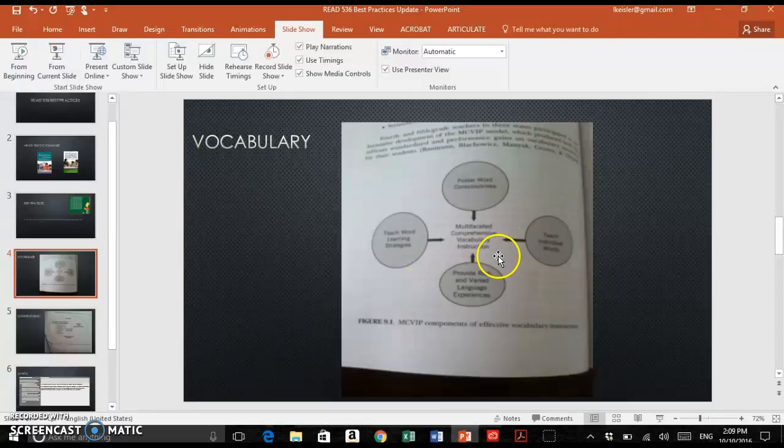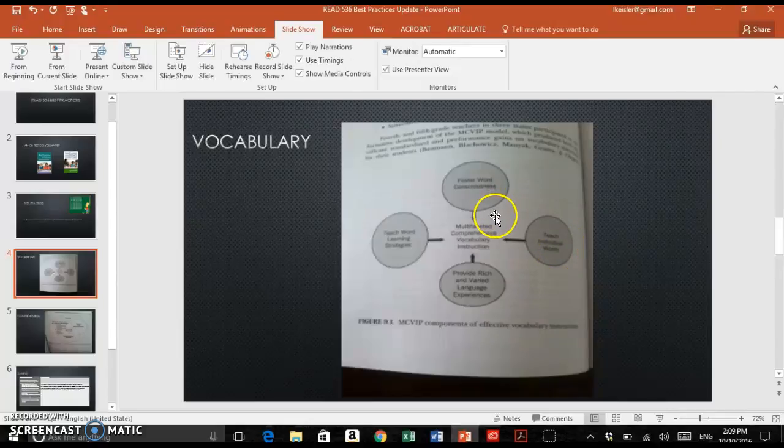In vocabulary, their topic is multifaceted, comprehensive vocabulary instruction. And they've got 4 elements that they believe make up a comprehensive vocabulary program: fostering word consciousness, teaching word learning strategies, providing rich and varied language experiences, and teaching individual words.